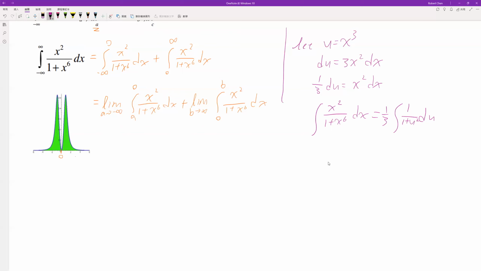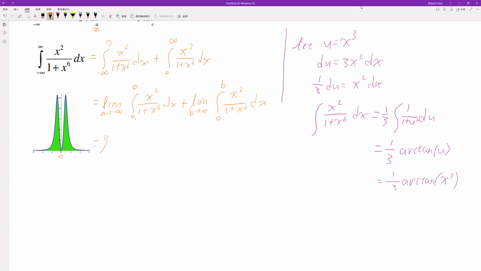It's like x squared plus a squared, or in this case, u squared plus 1 squared. So that is going to be 1/3 arctangent of u. And u is really x cubed, so you just do 1/3 arctan of x to the 3rd power. So let's just replace this with both integrals here and then we'll worry about the bounds.